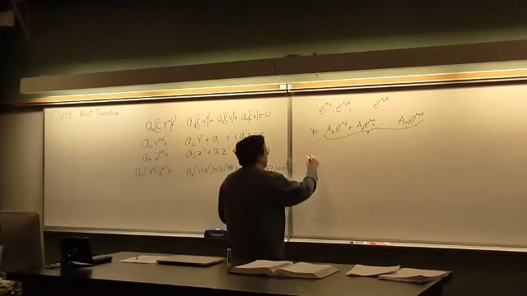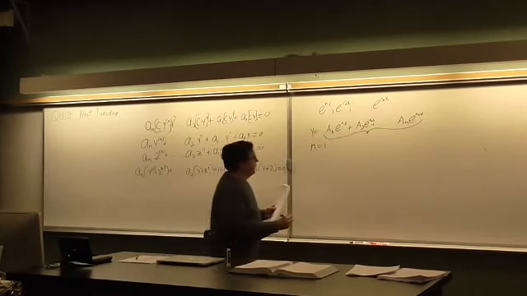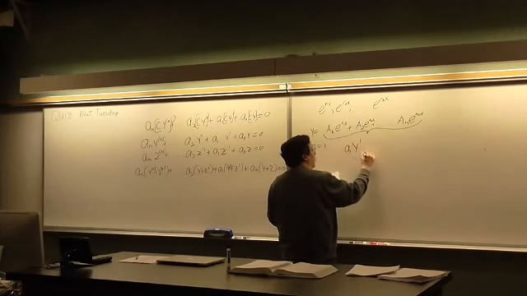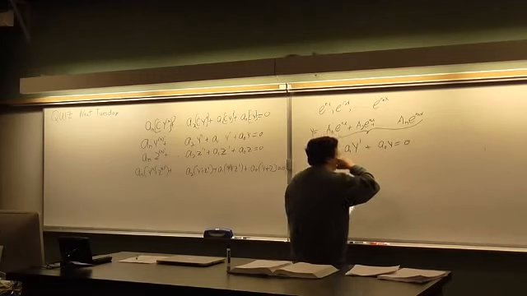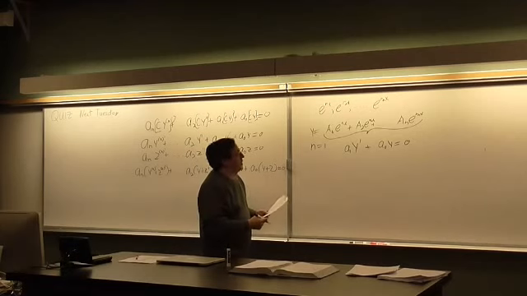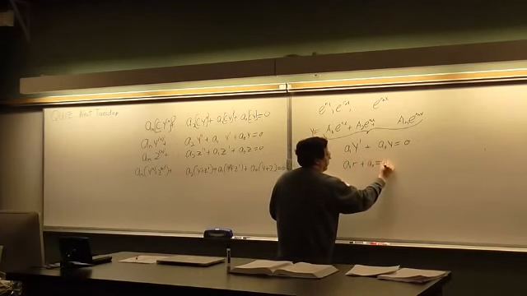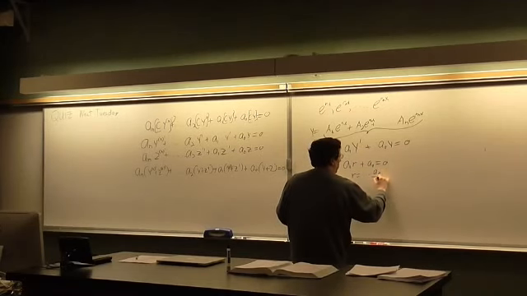If n is 1, that is to say the equation is a1 y prime plus a0 y equals 0. Well, we have a polynomial here, a1 r plus a0 equals 0, which we can solve very easily. r is just negative a0 over a1.